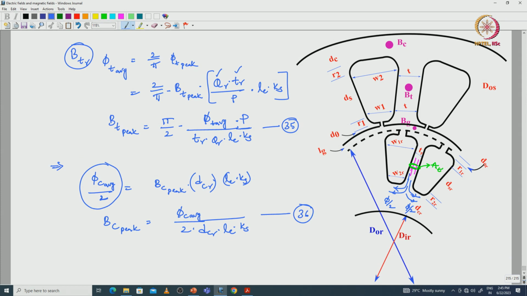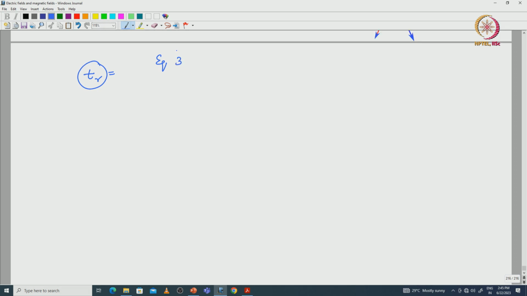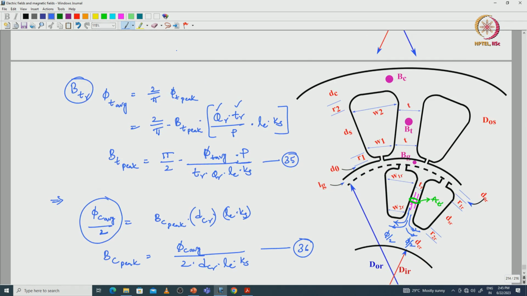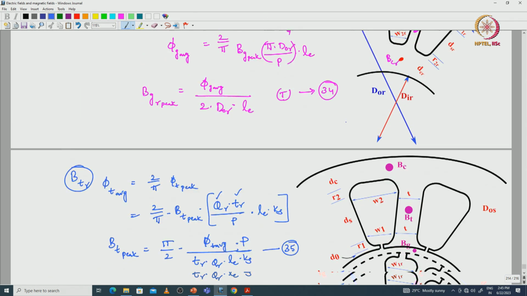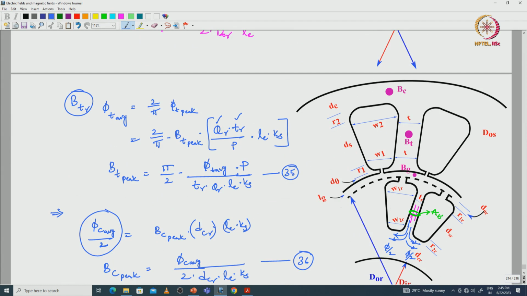Once we know the flux density values at the different parts of iron, we can calculate the teeth width using equation number 30. In order to calculate the TR, equation number 34 by 35.